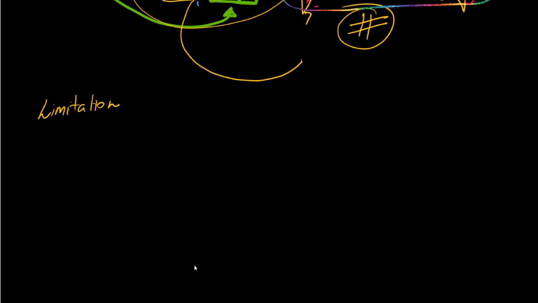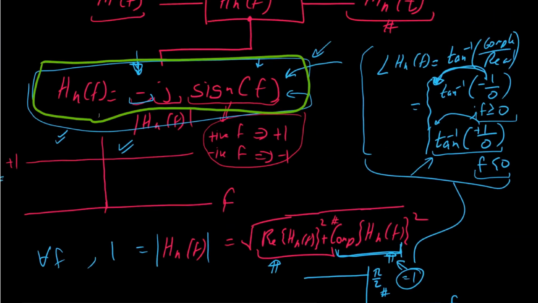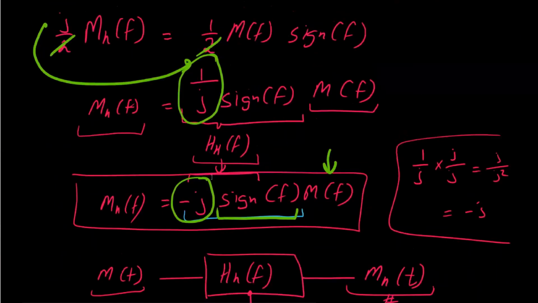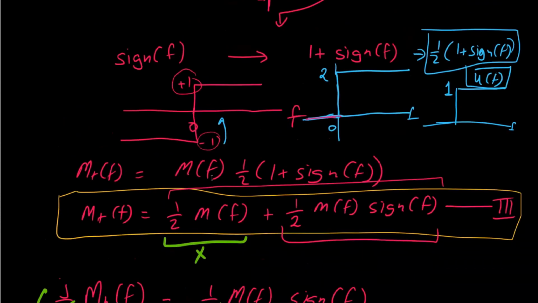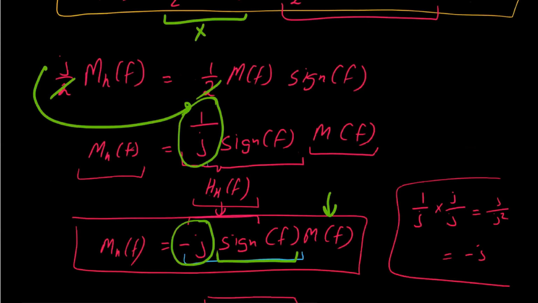SSB looks promising. So do we have limitations for SSB? All of this is based on the Hilbert filter, and that is based on what? The unit step function, and that unit step function is kind of an ideal scenario, right?